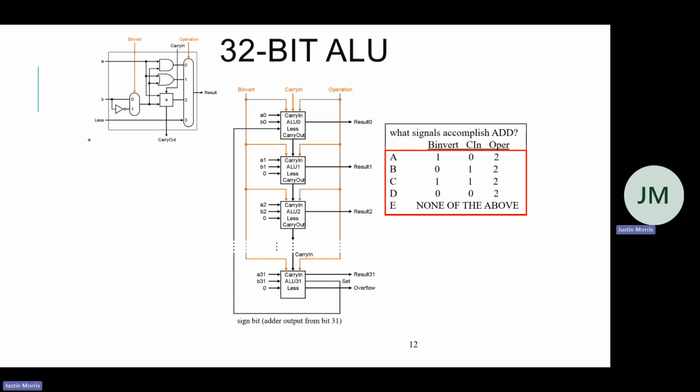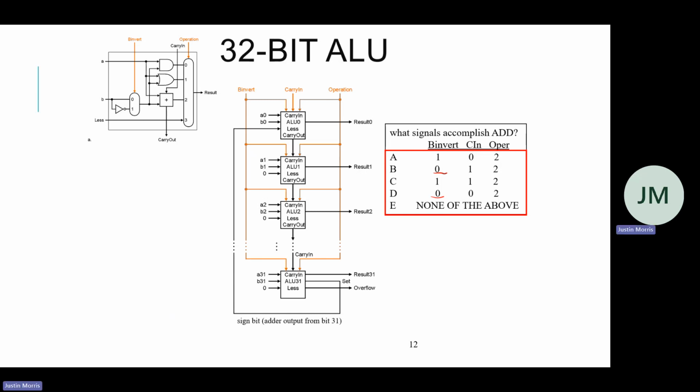Okay, so let's think about this question. What signals accomplish add? If I want to add, am I inverting B? No. So I like B invert being 0. And again, I'm not inverting B, so do I need a carry in? Nope.